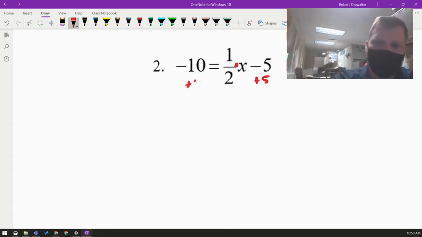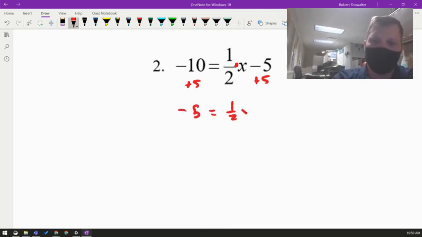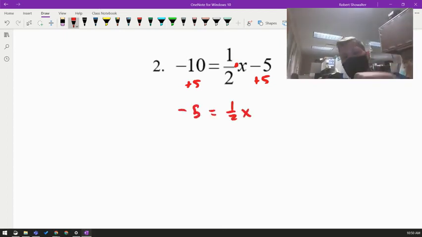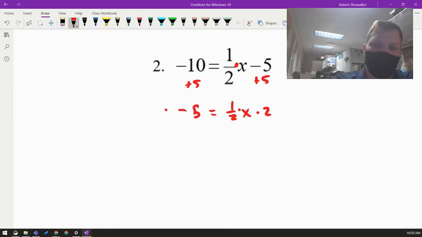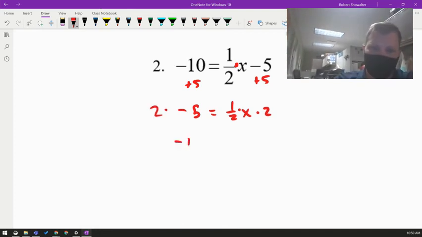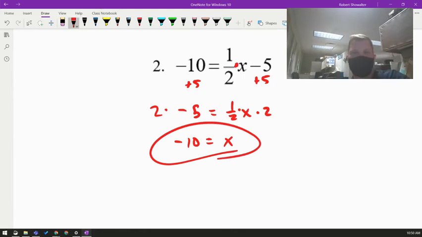So we're going to add 5 to both sides. We get negative 5 equals 1/2 x. When we're at that spot, you can view it as 1/2 times x if you want, or if you see it as really divided by 2, you just get rid of it by multiplying both sides by 2. And you get negative 10 equals x.